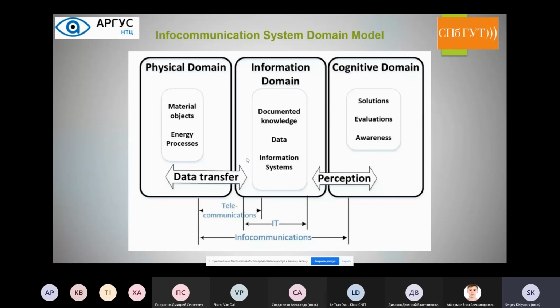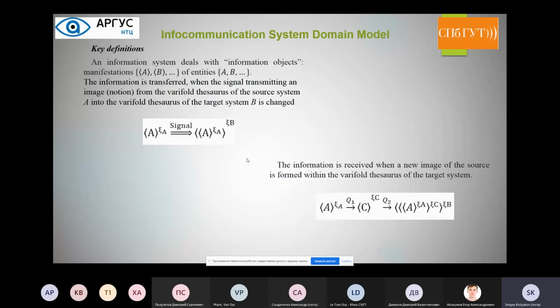The next slides 5, 6, and 7 give the formal mathematical definitions used in our article: information is sent, information is perceived, information impact, information exchange, information interaction.